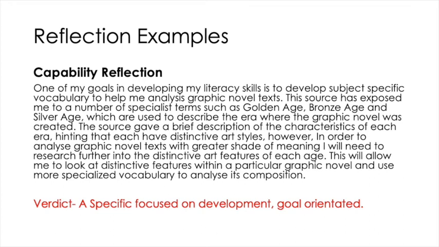The source gave only a brief description of the characteristics, hinting that each have distinctive art styles. However, in order to analyse graphic novel text with greater shades of meaning, I need to research further into the distinctive art features of each age, and that's going to allow me to look at distinctive features within a particular graphic novel and use more specialised vocabulary to analyse its composition."